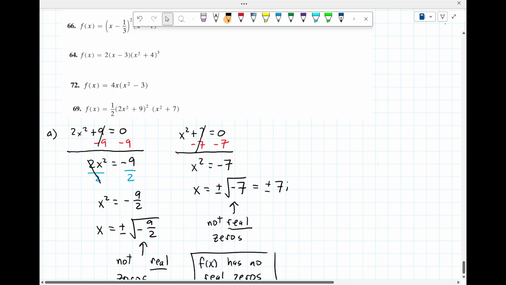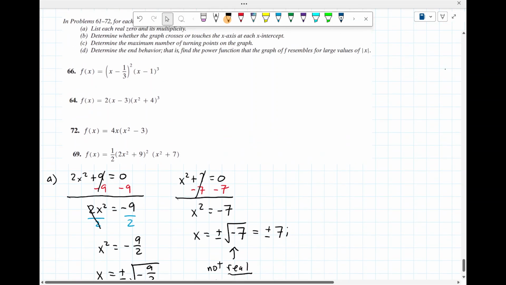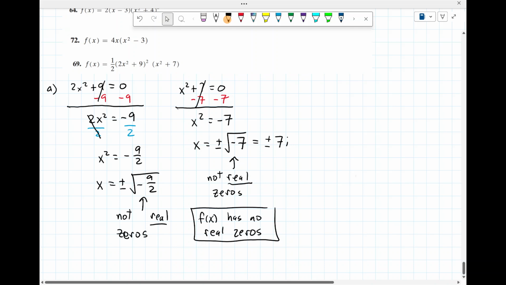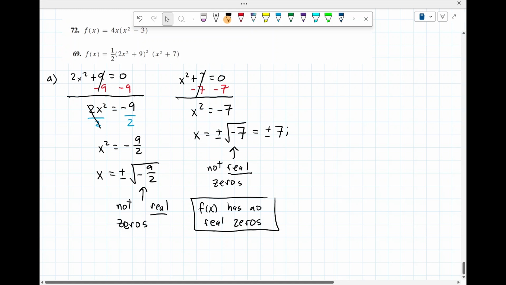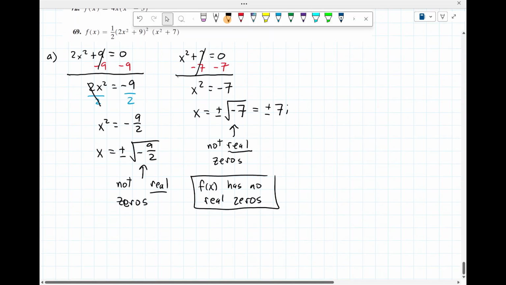Let's look at part B. We're going to determine whether the graph crosses or touches the x-axis at each x-intercept. Now remember, the x-intercepts are the same as the zeros. Since f of x has no real zeros, f of x also has no x-intercepts. So this question I can't answer.